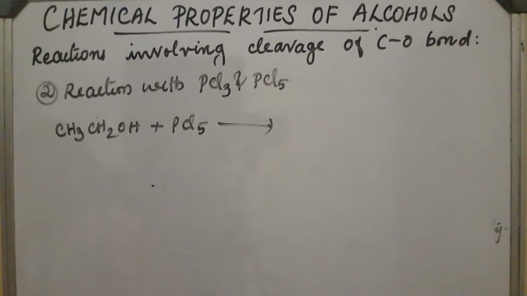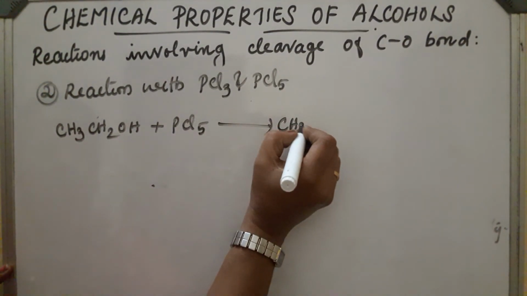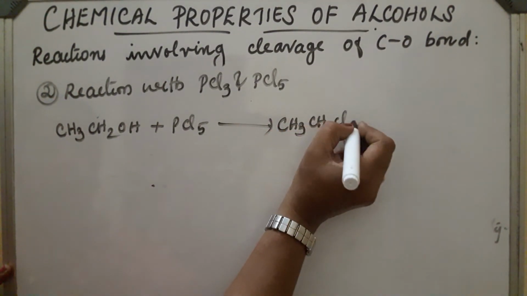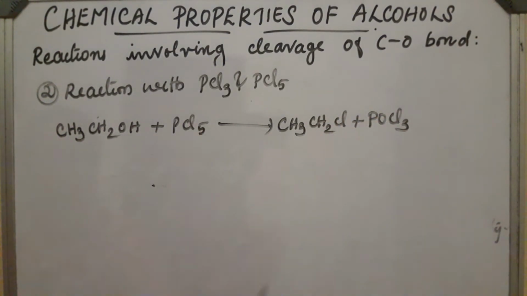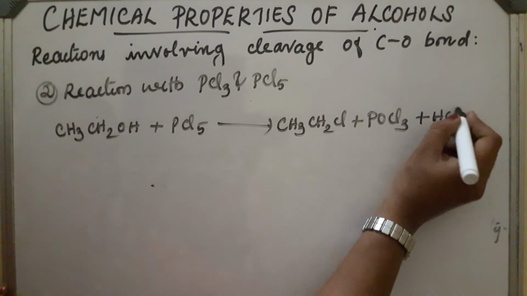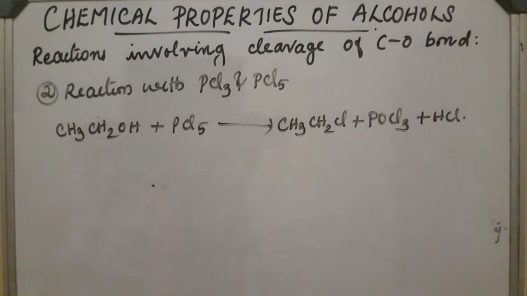The reaction gives CH3CH2Cl plus POCl3 plus HCl. This is the product in the case of PCl5.